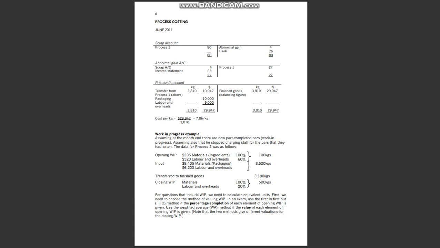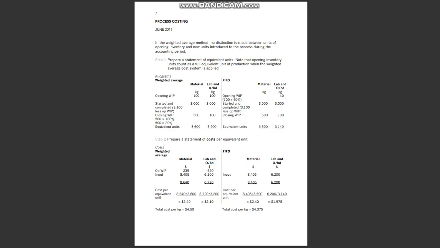Therefore we evaluate the input on the basis of their percentages. In the weighted average method, no distinction is made between units of opening inventory and new units introduced to the process during the accounting period.